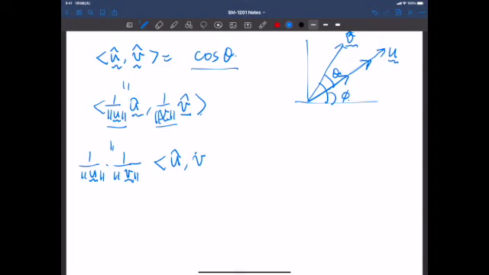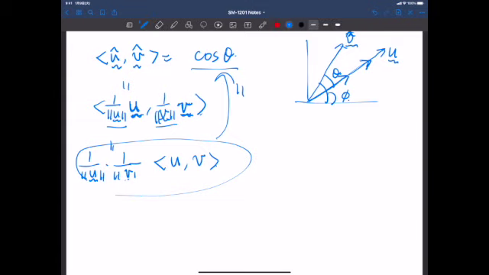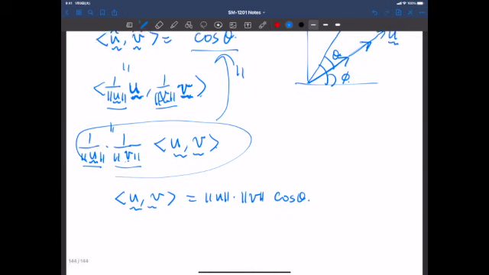Oh, wait a minute. It's not hat here. It's just u and v. So we have this equal to cosine theta. So multiplying both sides by modulus of u times modulus of v, we have u dot v equal to modulus of u times modulus of v times cosine theta. So that's it.